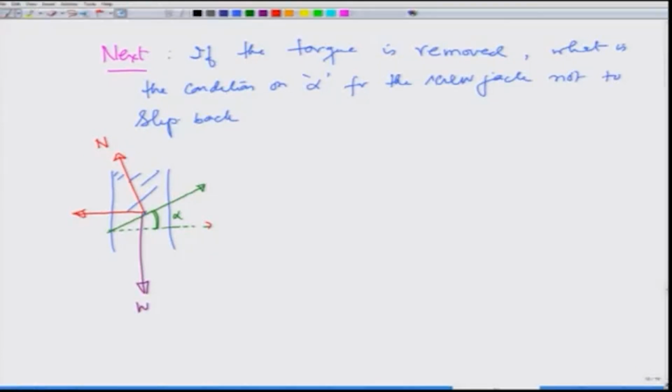the two torques should balance, and therefore, for no slippage, N sine alpha times R should be equal to F cosine alpha times R, irrespective of what weight there is.